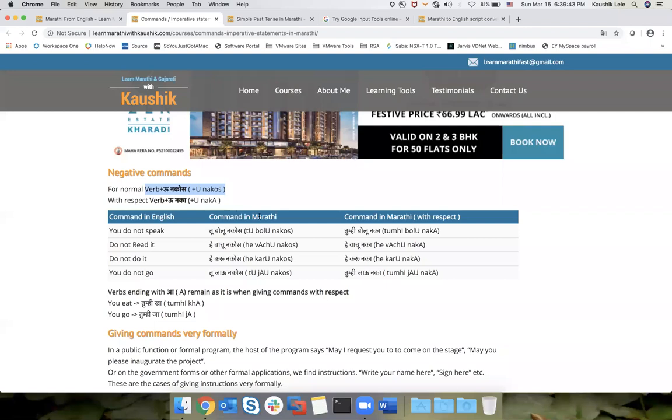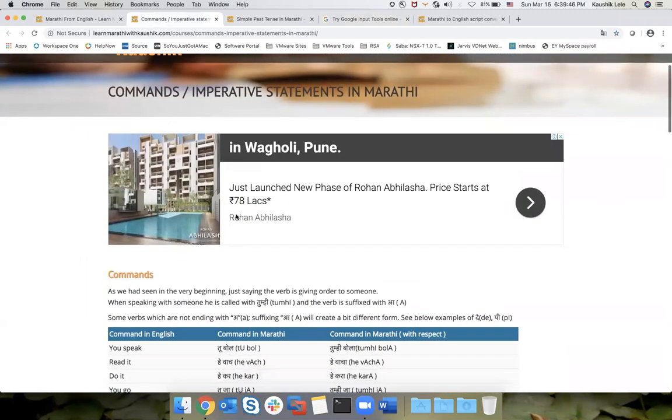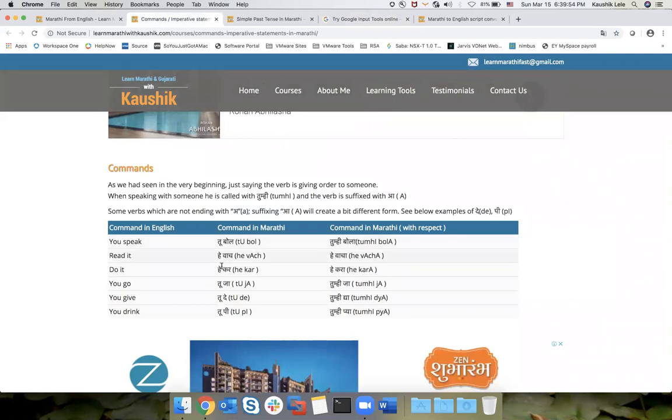See here, when you are giving a command with respect, you will always add a to it, like bol, bola, vats, vatsa, kar, kara. So it undergoes a little change. It will be dya. P plus a, pya.